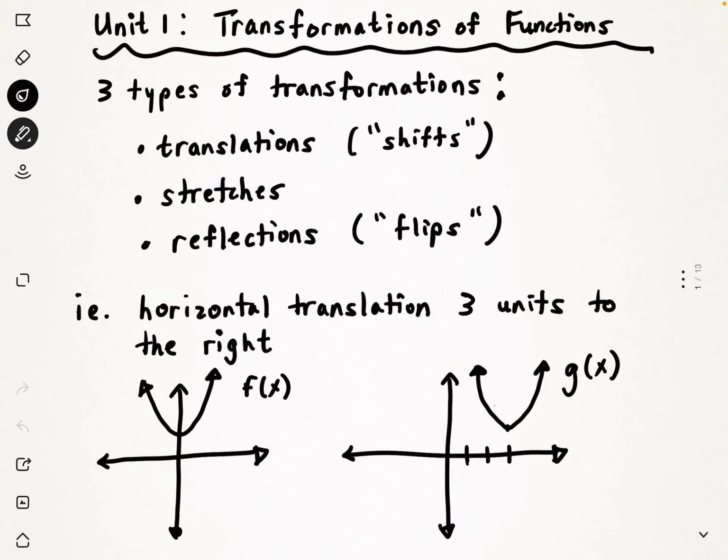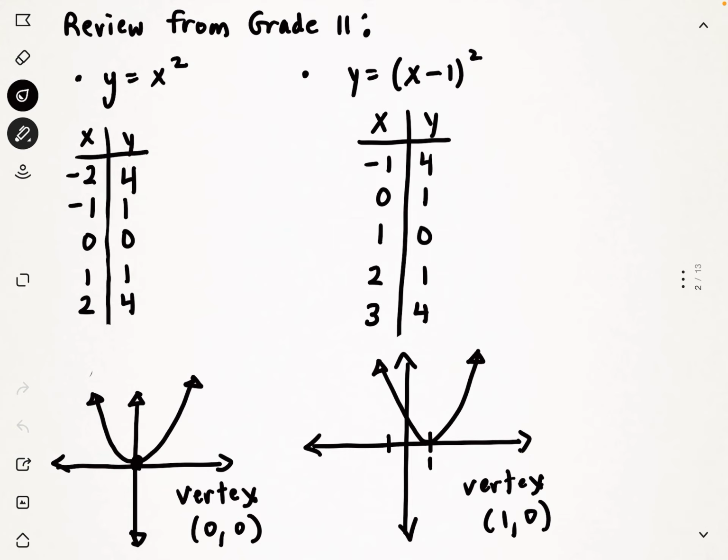We're not actually going to be taking a look at parabolas in this unit. We're going to stay away from parabolas for the most part. But just to put this in the context of things that you've learned in previous years, let's take a look at some translations. You've already done those in the past.